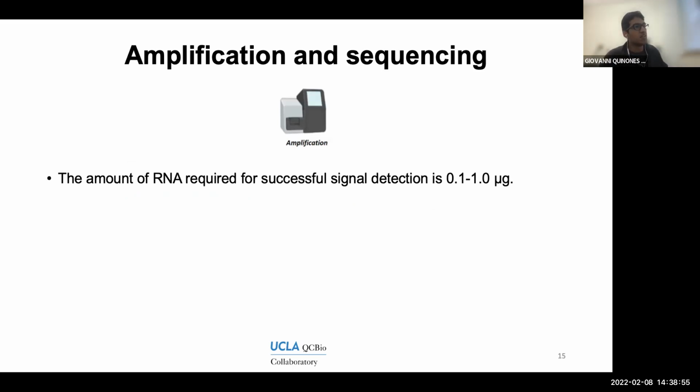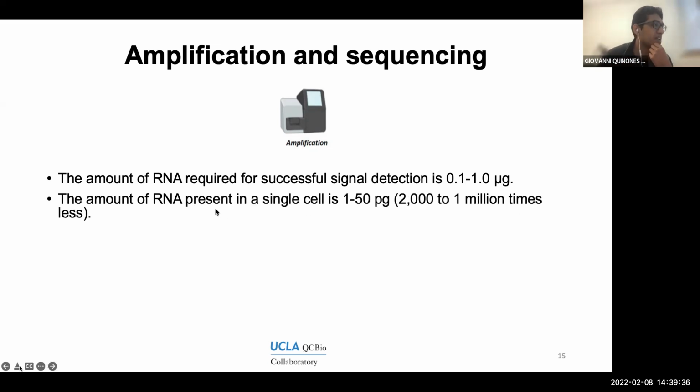A sequencer requires a minimum amount of RNA, so that based on the different primers and the different reagents that they use, there has to be a minimum concentration of RNA so they can pick up the signal and start sequencing. And this minimum signal is roughly in the range of 0.1 to 1 microgram of RNA that is required in order to run the sequencer.